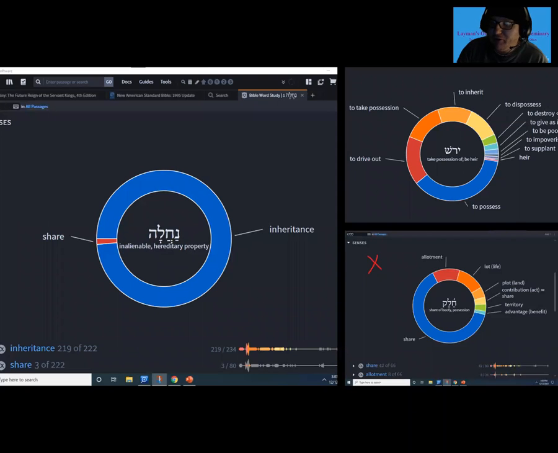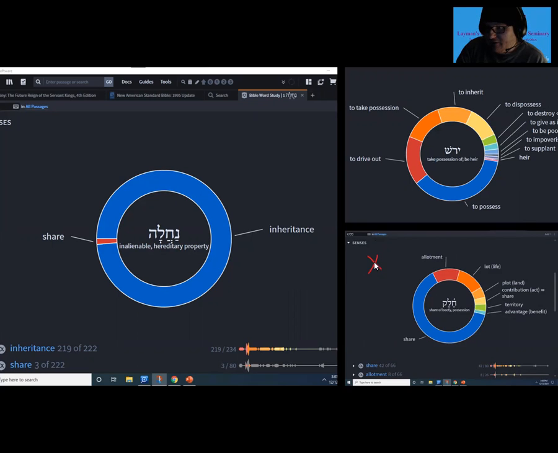Okay, so these are the three words that y'all were exposed to in the Final Destiny in Genesis Part 2. Nakela for inheritance, Yarash to take possession, to drive out, even to destroy, and Kalek.